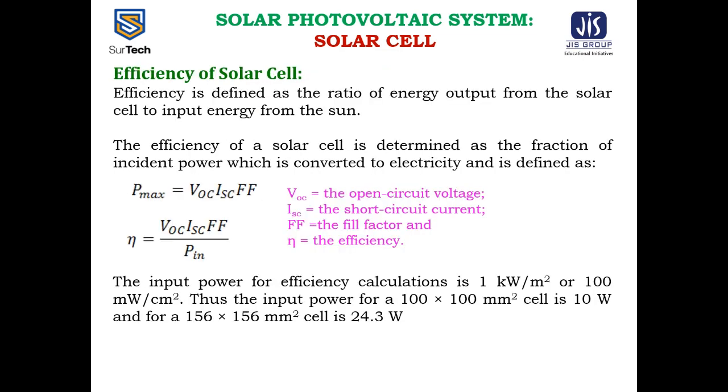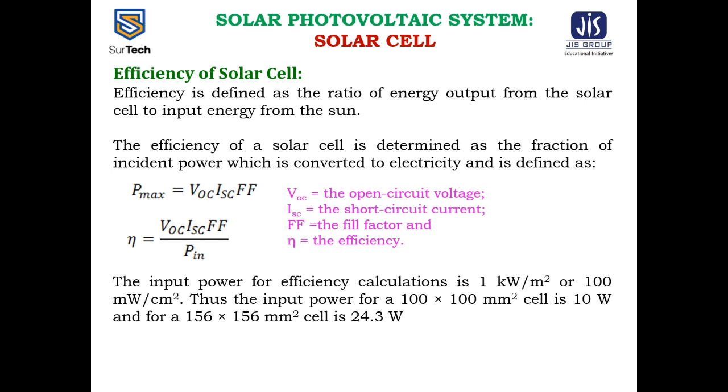Now come to the very important parameter of the solar cell, that is efficiency. The efficiency is defined as the ratio of energy output from the solar cell to the input energy from the sun. The efficiency of a solar cell is determined as the fraction of the incident power which is converted to electricity, and P max is equal to the open circuit voltage, short circuit current and the fill factor multiplied together.